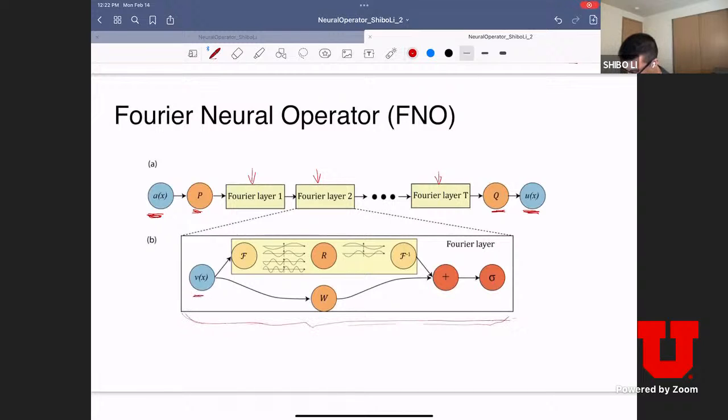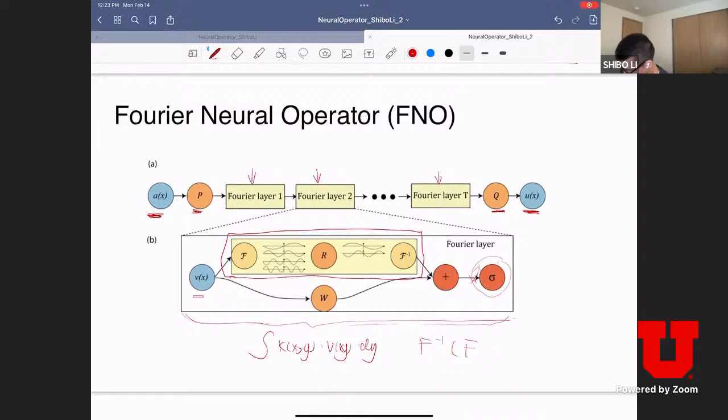This is the input of your hidden layer, and this is your nonlinear activation, which is not important. Basically, this part solves the integral we have previously seen, K(x minus y) v(y) dy, and they resolve this in Fourier form.